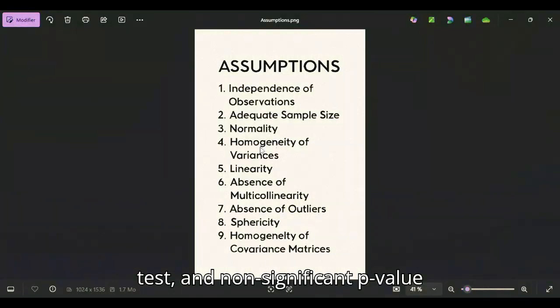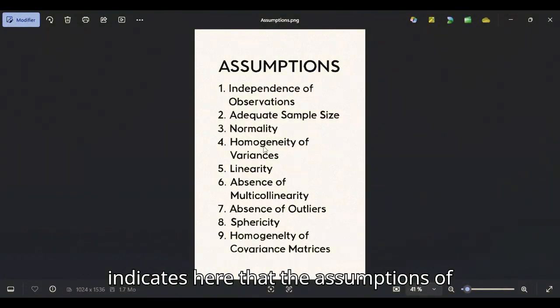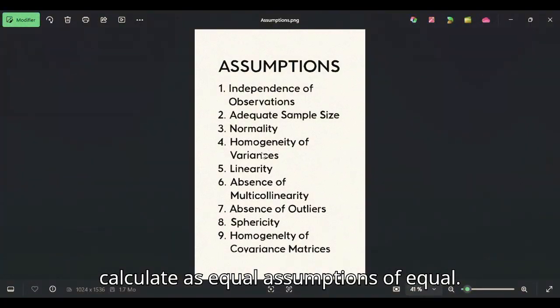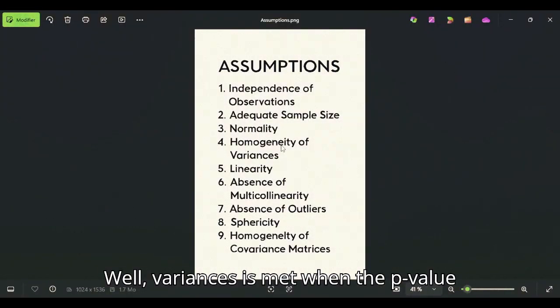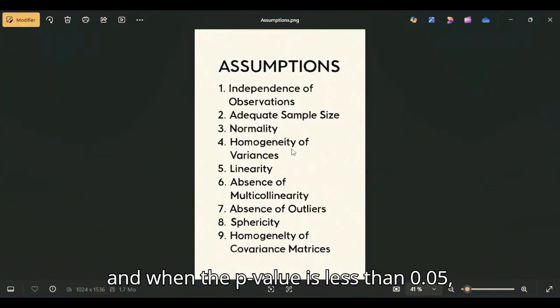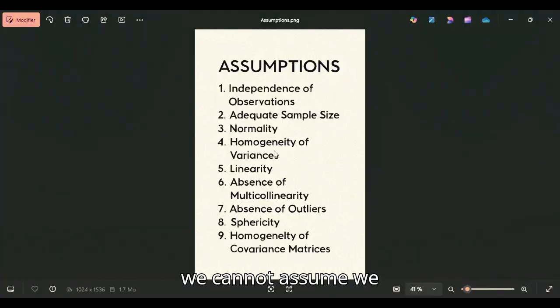A non-significant p-value indicates that the assumption of equal variances is met, when the p-value is more than 0.05. When the p-value is less than 0.05, the assumption cannot be assumed.